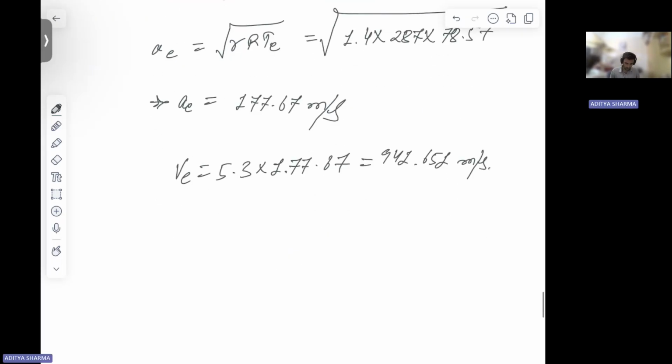Now to find out the rho E, we can use pressure is equal to rho RT.